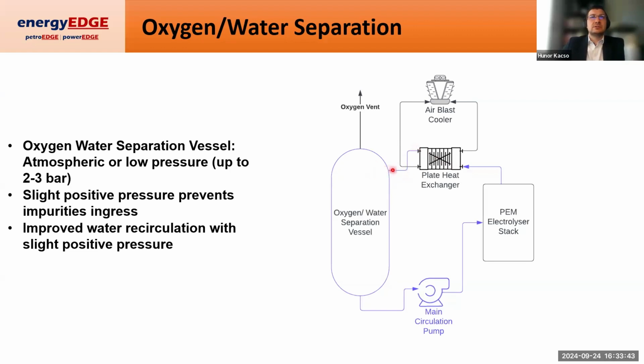And these oxygen bubbles and the water will go into the oxygen water separation vessel. This vessel will have water, let's say at this level. The water will go into the bottom of the vessel, and the oxygen will exit on the top here. And of course, there is a little bit of hydrogen here as well.